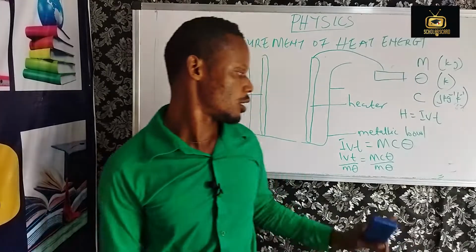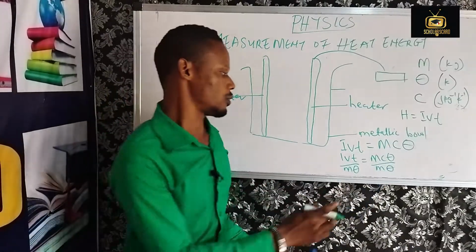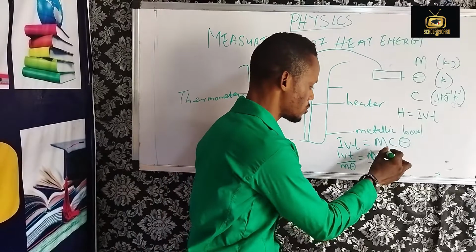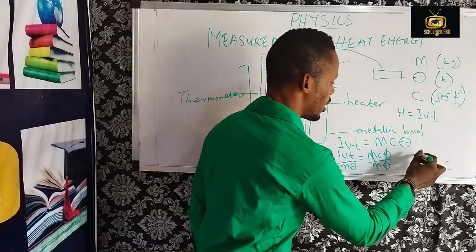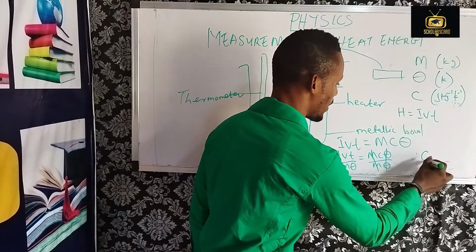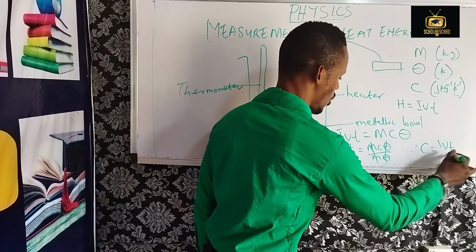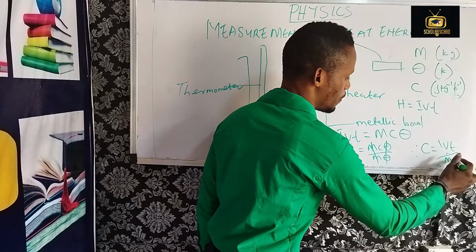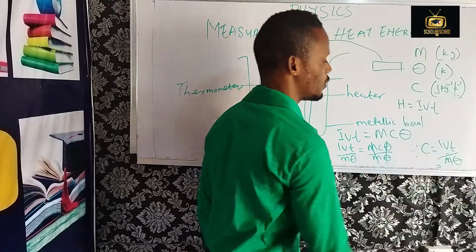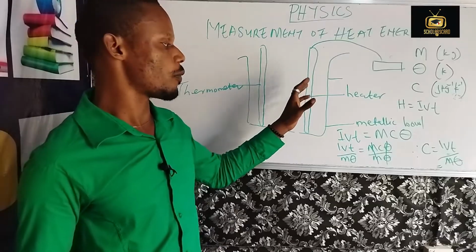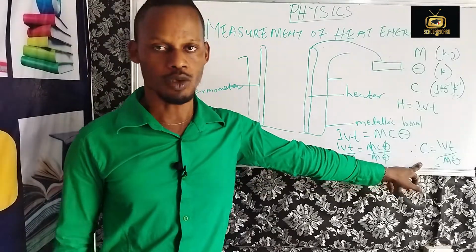M cancels M, and theta cancels theta. Therefore, the specific heat capacity of the solid will be C equals IVT over M theta, the electrical energy supplied over the mass of the bowl times the temperature of the bowl. So this is the method of measurement of specific heat capacity of a solid by the electrical method.